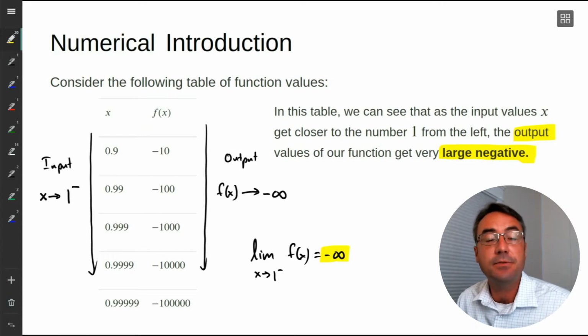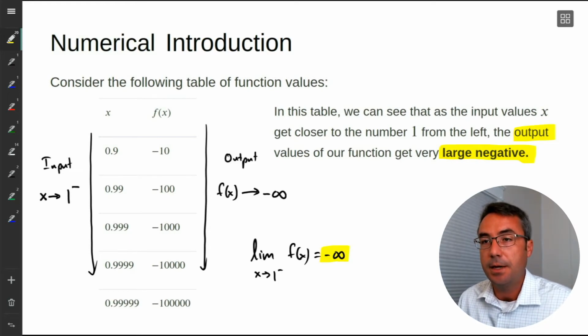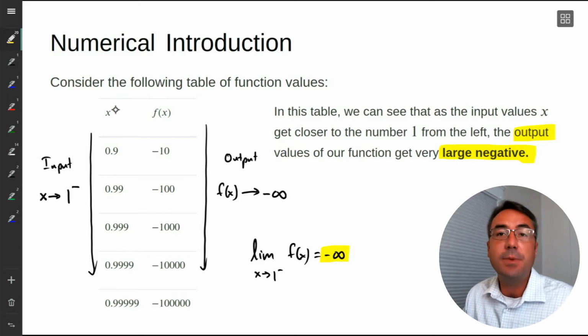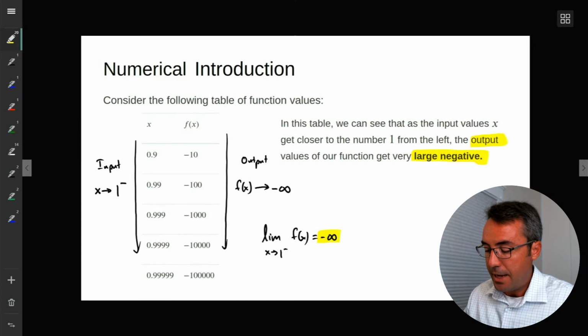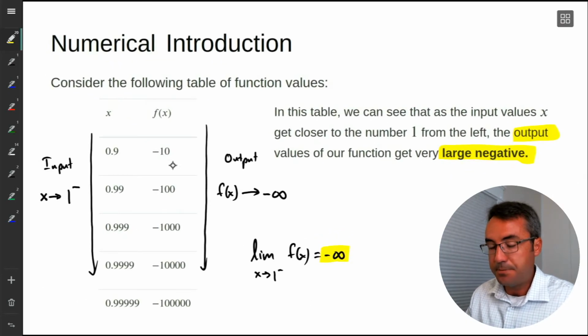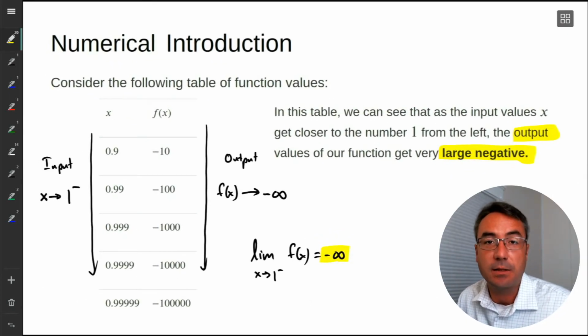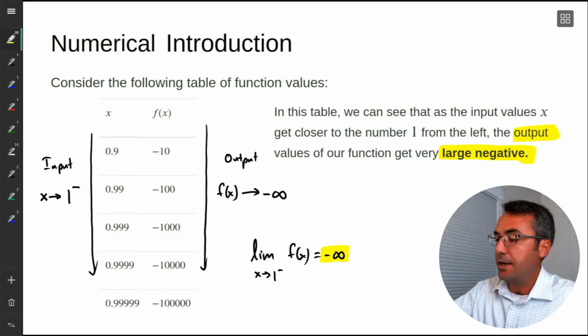So for large negative, we use the minus infinity symbol. For large positive, we use just infinity or positive infinity. All right, so this is what we might see in a numerical approach. We have our table of values here, and as we read down the list, it looks like the function values are getting larger and larger. In this case, negative.